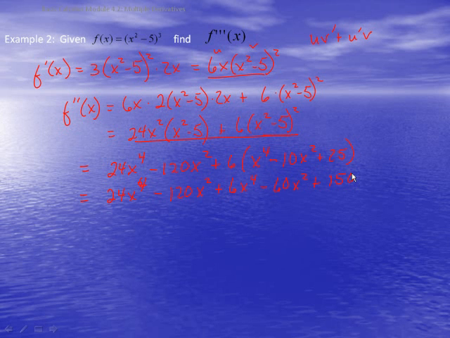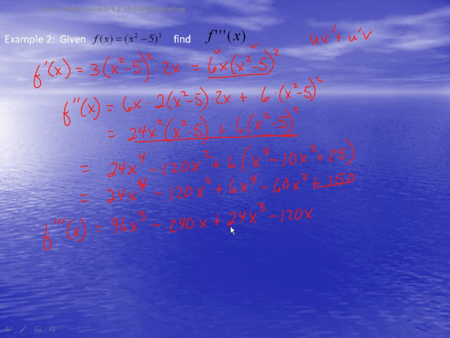Now it's going to be easy for me to take the triple derivative, so I'm just going to use the power rule. F double prime of x is equal to 96x to the third minus 240x plus 24x to the third minus 120x, and then the 150 is going to go away.